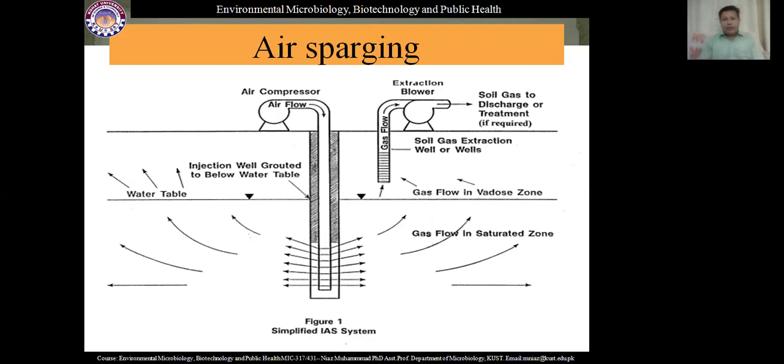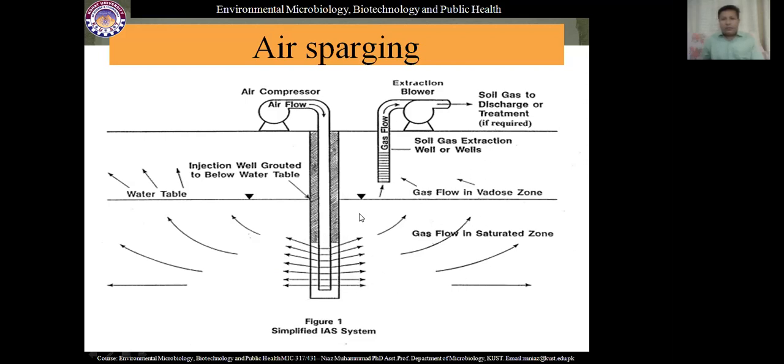So gradually, due to all these techniques, at the point of pollution the concentration of pollutant will reduce, and it will convert into less toxic forms or it will disseminate.